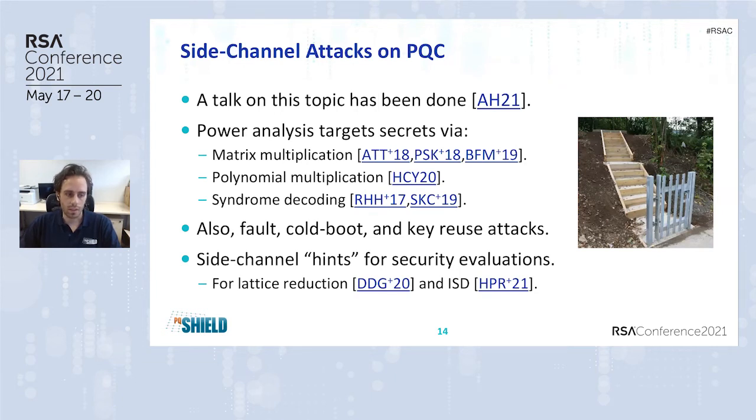We also consider things like fault attacks, cold boot, and key reuse attacks, and we also discussed how side channel hints can be incorporated in the security evaluation of the schemes. There are papers that show this for lattice reduction and on codes using the ISD method.